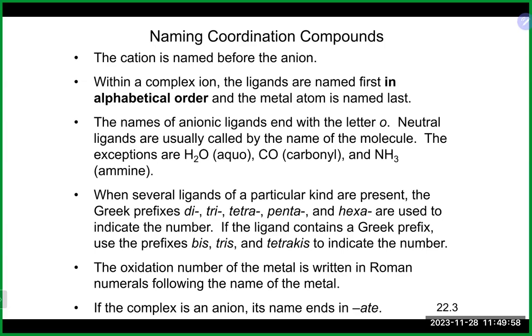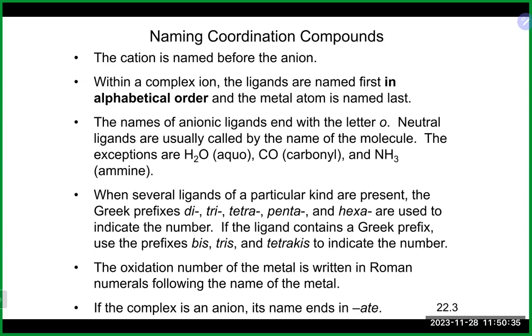Names of negatively charged ligands usually will end in the letter O. Some neutral ones are usually just called the name of the molecule. There are some exceptions. Water is known as aqua. Carbonyl there for CO. Ammonia is amine. If you do have several of the same ligands in a particular complex ion, you will use prefixes like di for 2, tri for 3, tetra for 4, penta for 5, hexa for 6, to indicate how many you have.